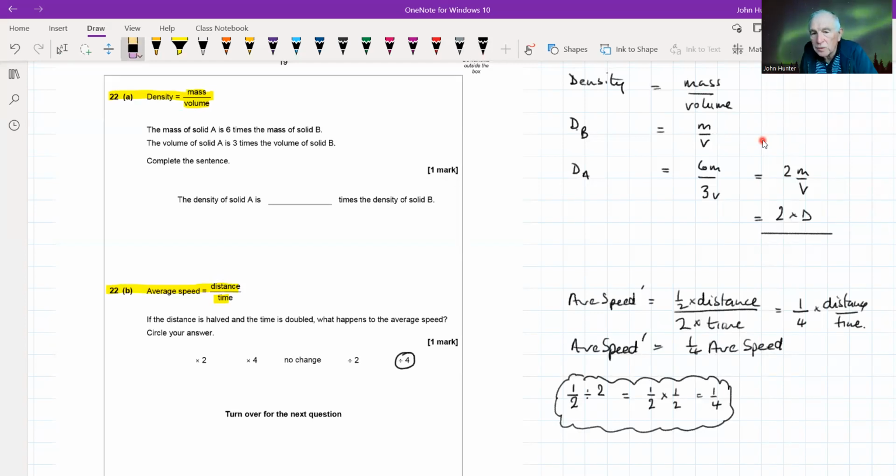Now, mass over volume is the density of B. So the density of A is 2 times the density of B. So that's the idea with that.